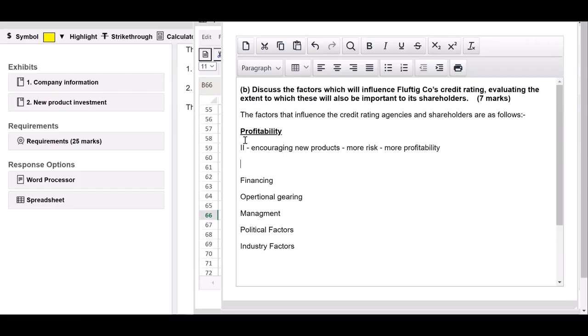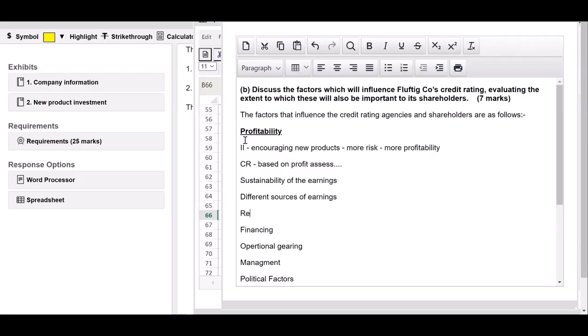Now, credit rating, as far as profitability is concerned, is based on the sustainability of the earnings. What different sources are they coming from? What is the reliability? So based on profit, it assesses the sustainability of the earnings, the different sources of earnings, and the reliability of earnings.